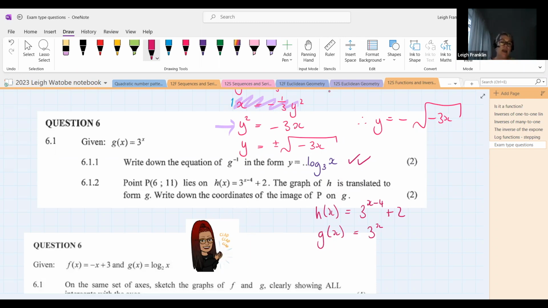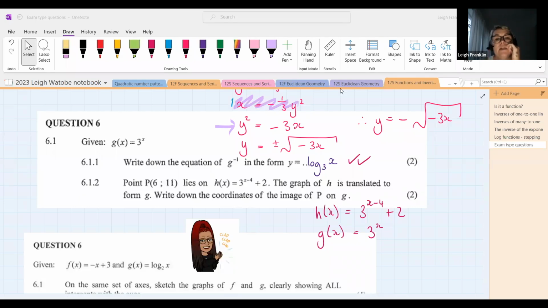So now we have to compare what is happening to x and what is happening to y, right? As we go from h to g. So I'll see if you guys can give me the answer to that. What did they do to x when they went from 3 to the x minus 4 plus 2 to 3 to the x? What did they do to x?